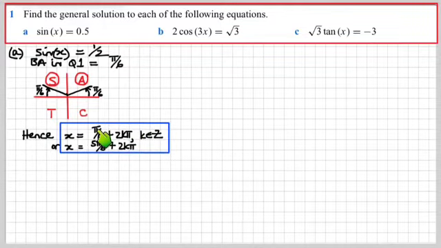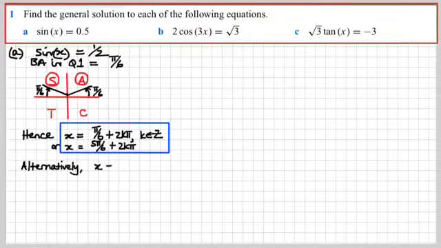And also, you could go backwards. You know, k could be negative 1, so that'd be pi on 6 minus 2 pi, or pi on 6 minus 4 pi, pi on 6 minus 6 pi, and so on and so on. You get the idea, don't you? And of course, the other solution is x is 5 pi on 6 plus any number of revolutions of 2 pi, okay? Yes, that's the idea of it.